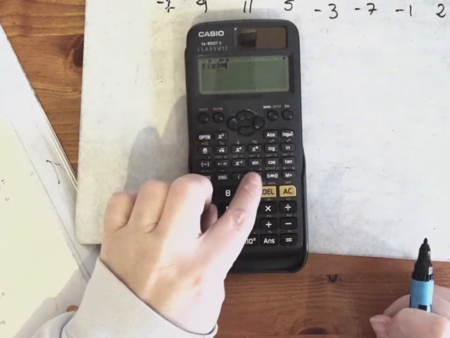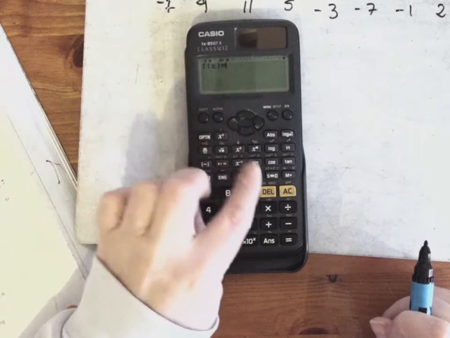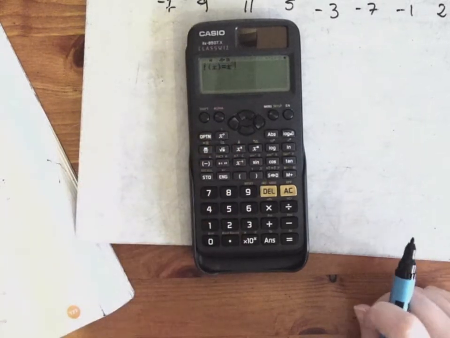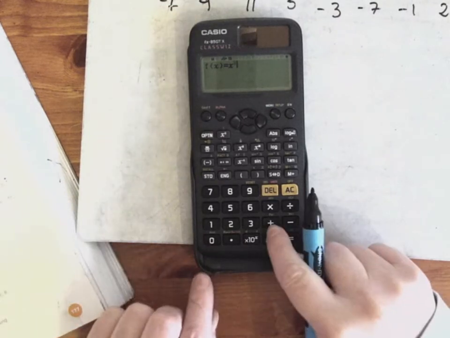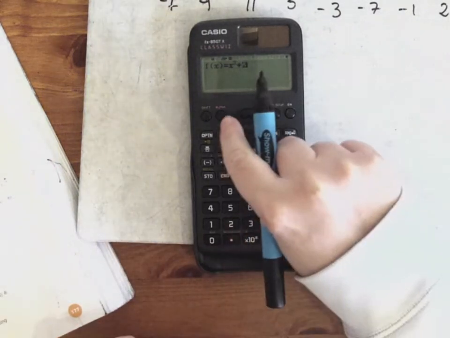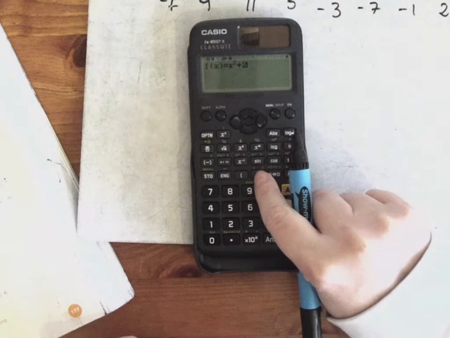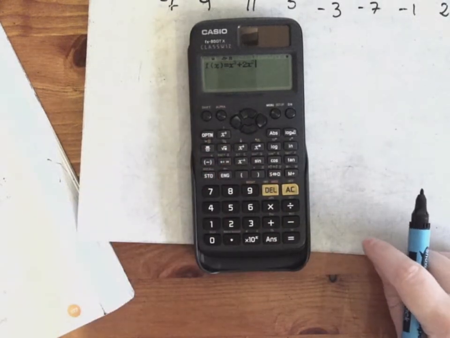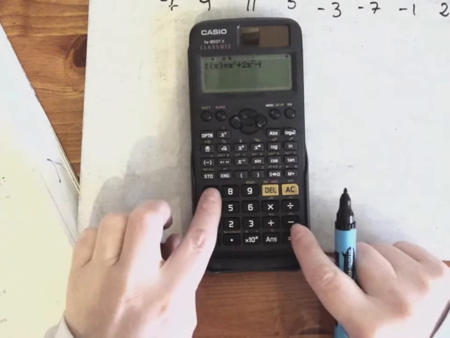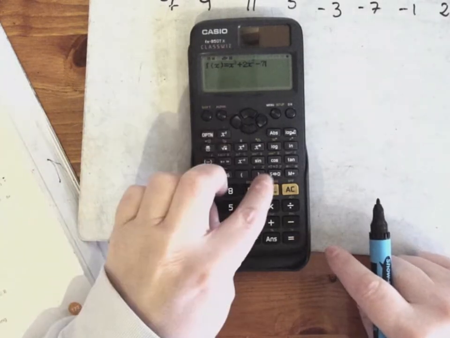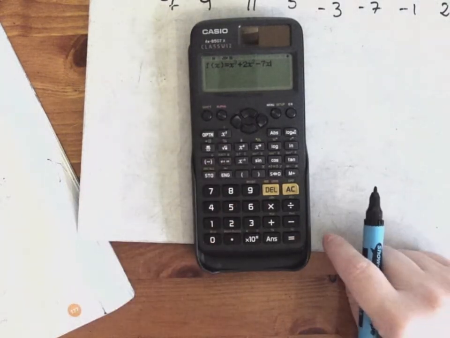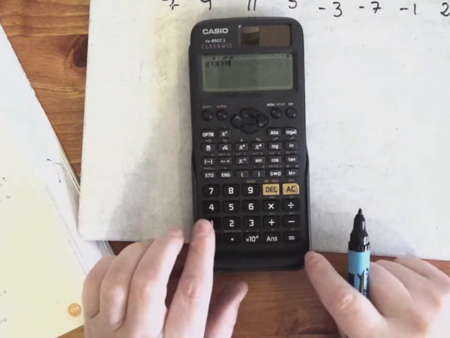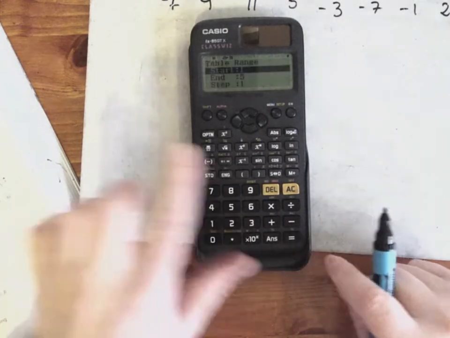To get your x, it's alpha and the closed bracket, and then the cube symbol. Then it's plus 2x squared, so plus 2, alpha and the closed bracket, and the squared symbol. Then it's minus 7x, alpha and the closed bracket, minus 3 equals.